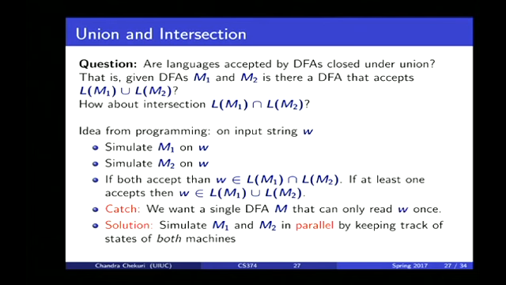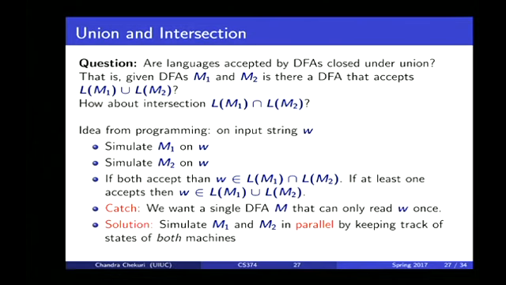What does it mean to do it simultaneously, right? The new program is going to remember whatever the old program was remembering after seeing the prefix of the string, and whatever the second program was remembering after it saw the prefix of the string. It is going to remember both, right? And then keep moving as both of them are, and at the end it can say, oh, did M1 accept? Did M2 accept? Yeah, okay, good, then I'll accept, right? That's the idea, right? So that's how we do the product construction, it's called.